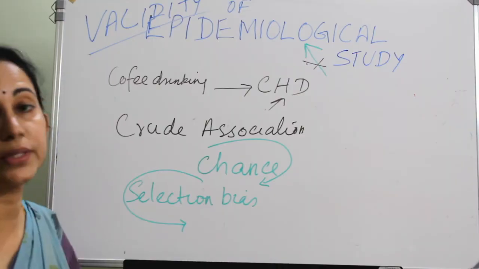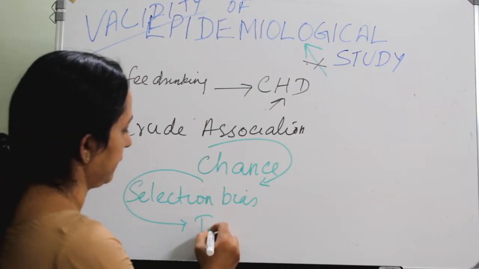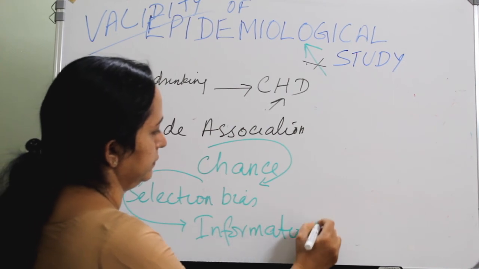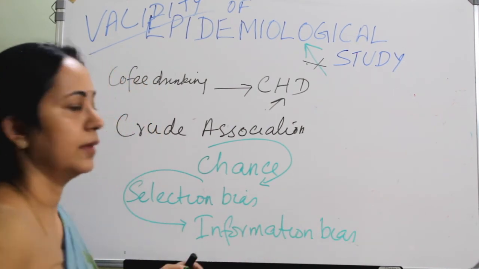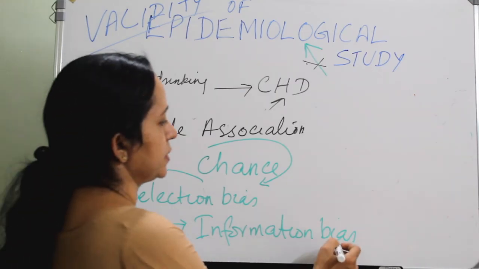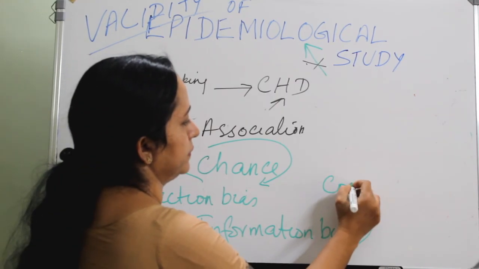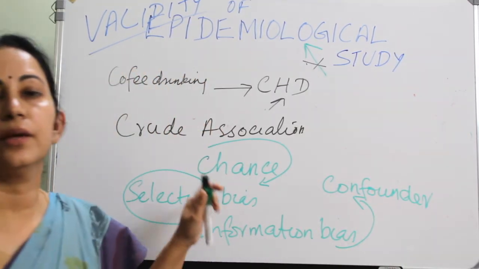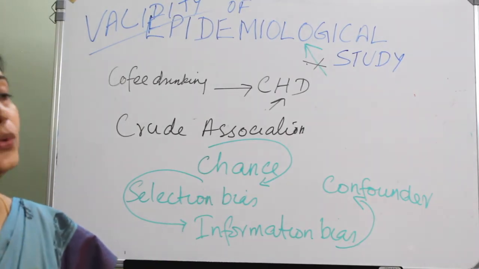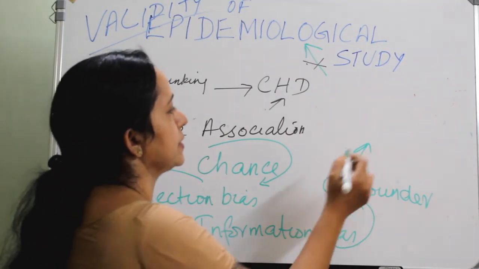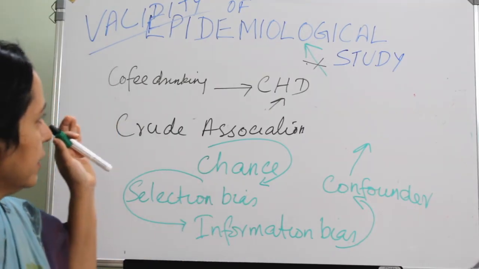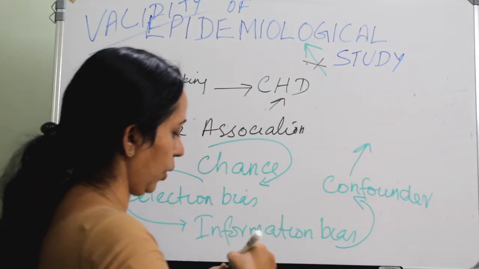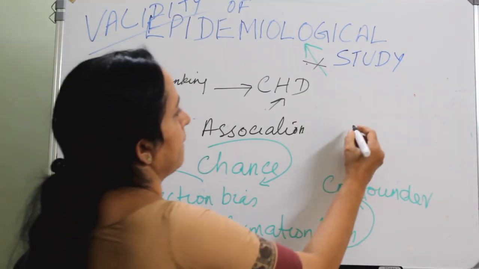And then look for whether there is any information bias. And then look for the presence of any confounder or not. If all these are under control, then you can tell there is an association between the exposure and outcome. That is a true relationship, that is a causal association.